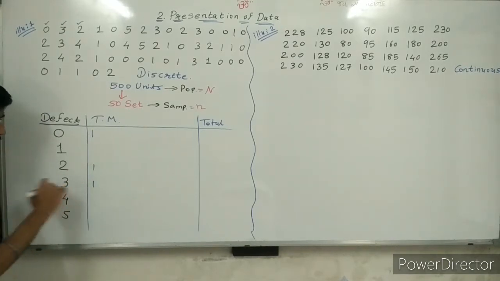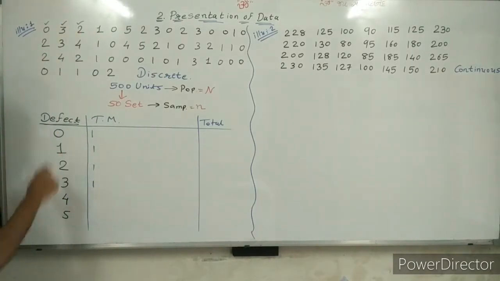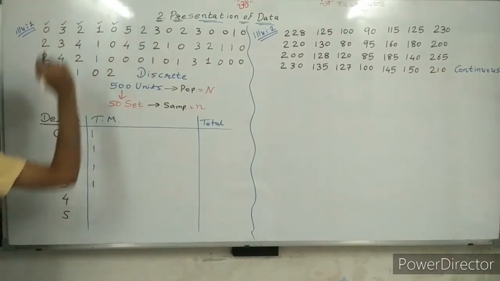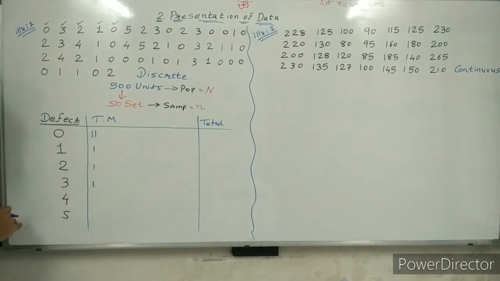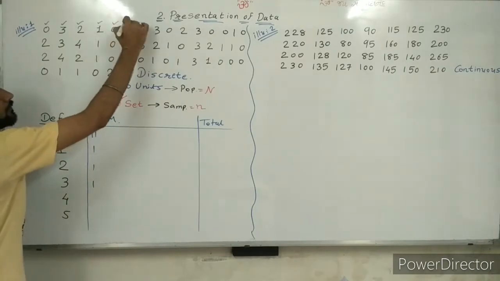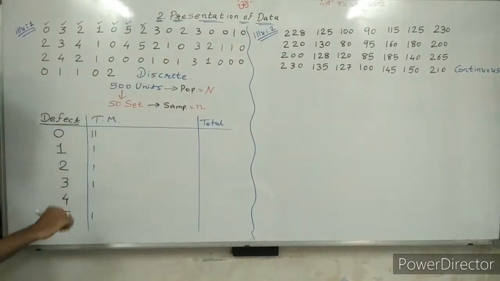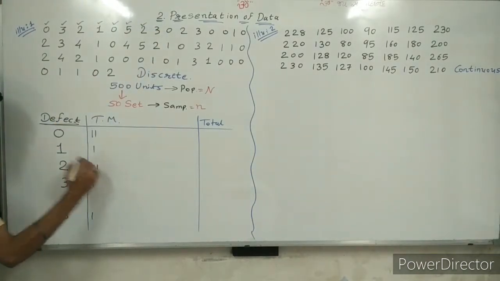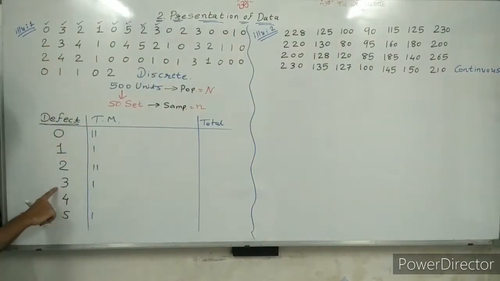So against 2 we are making a tally mark. 1 defect against 1. 0 against 0, second tally mark. Going ahead 5, so against 5 we are making a tally mark. 2 against 2, tally mark. 3, so 3.